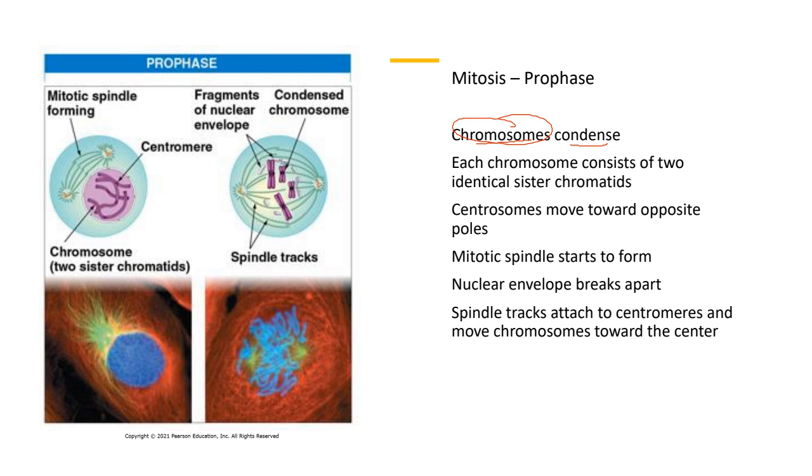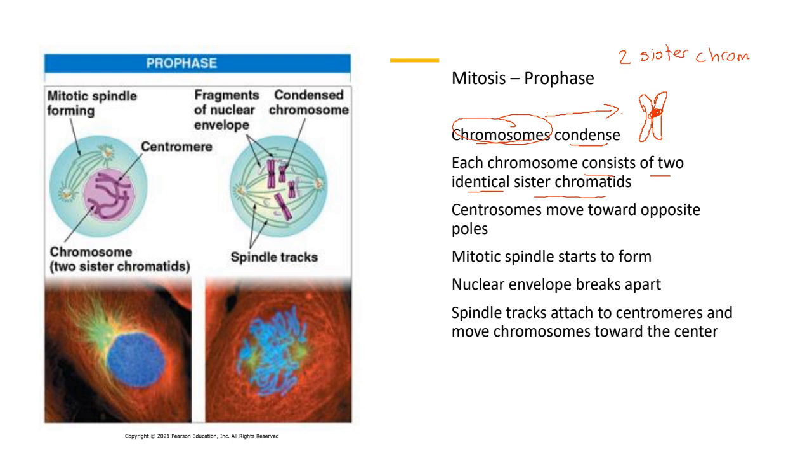So if I can, I'm going to try to do a little bit of art here for you guys. This is what a chromosome kind of looks like now, and this is going to be the centromere. Okay, this is now what a condensed chromosome kind of looks like. Each chromosome is going to consist of two identical sister chromatids.